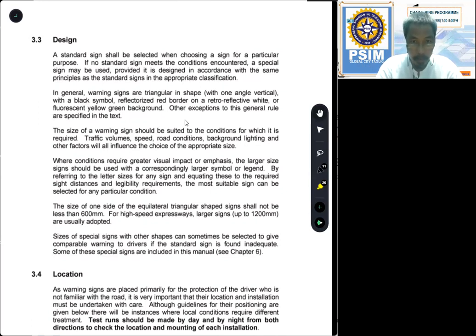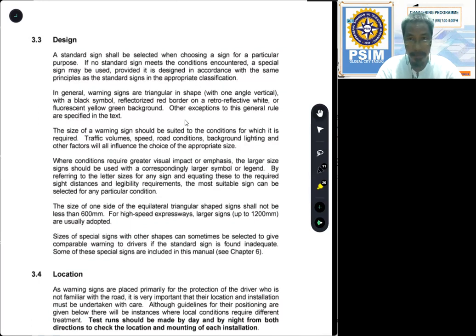And the color is usually black symbol, with a reflectorized red border on retroreflective white. Okay, red border, retroreflective white. The symbol is written in black on a white or fluorescent yellow-green background.